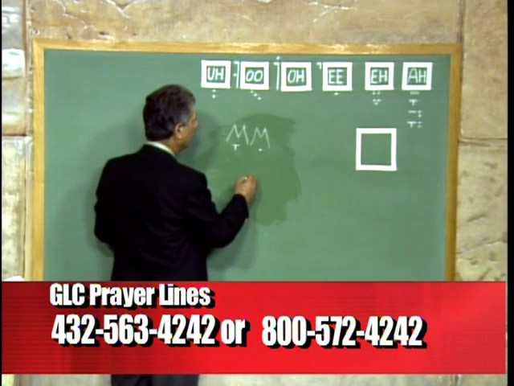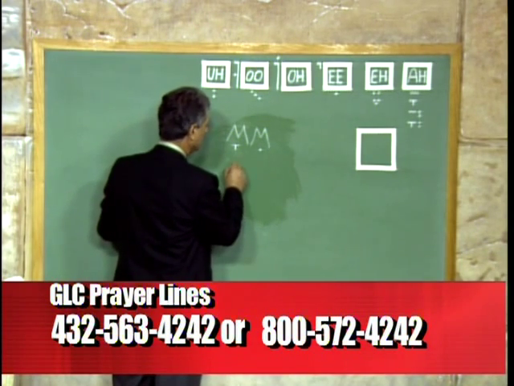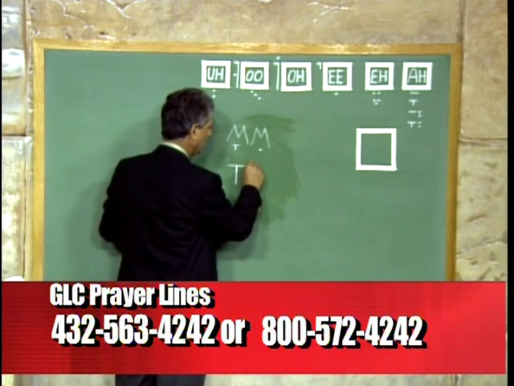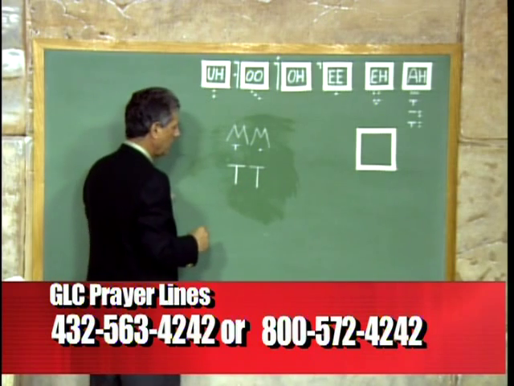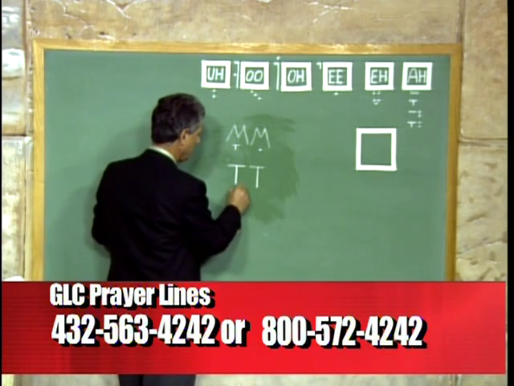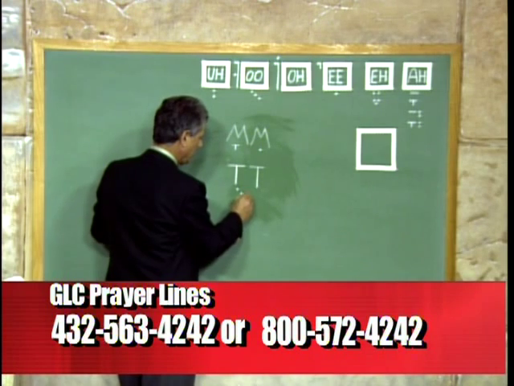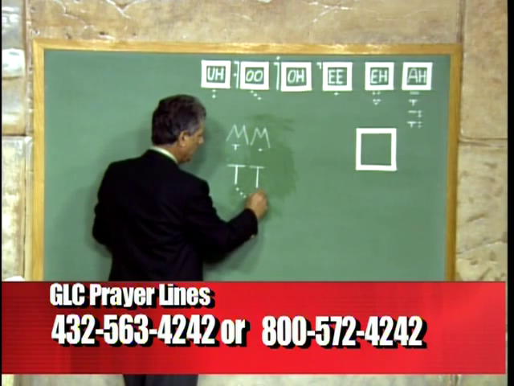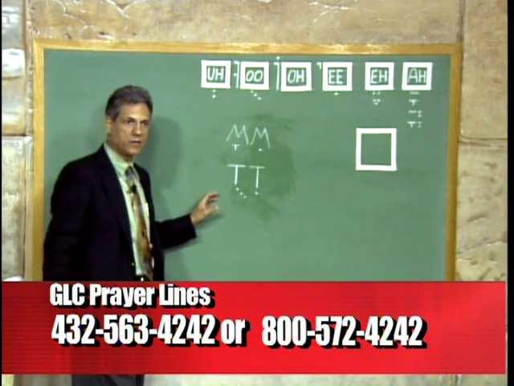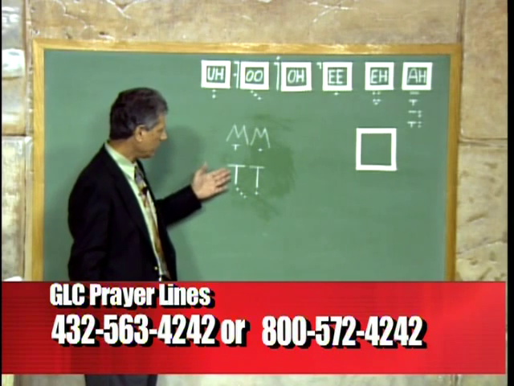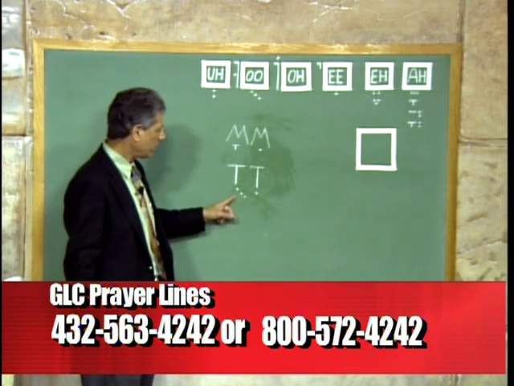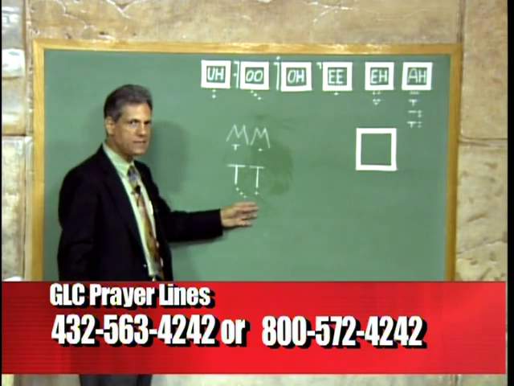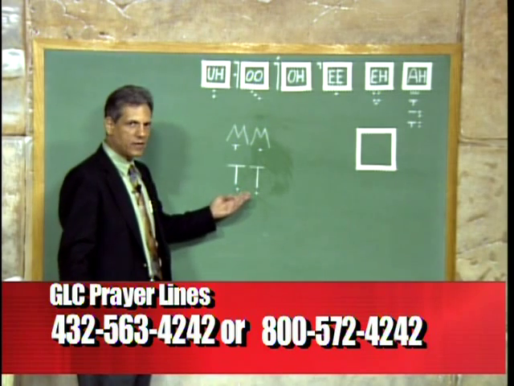Here is your... there's the letter T. And I can put, let's say, the U sound under one of the T's, and the E sound under the next one. So I have the letter T with a U sound, that will be tu, and the letter T with an E sound, ti. Okay?